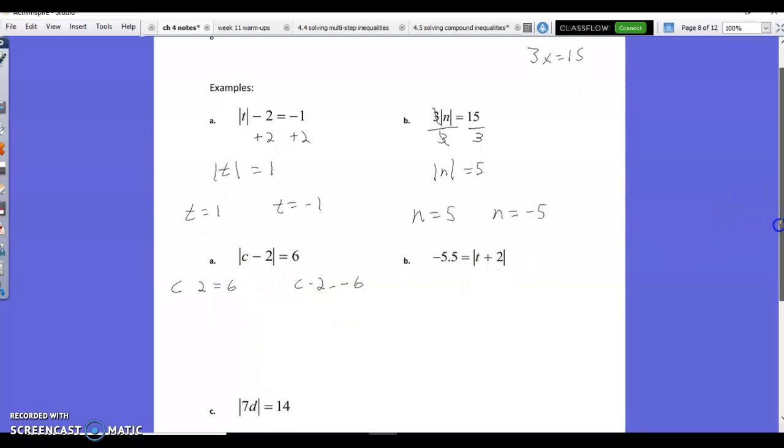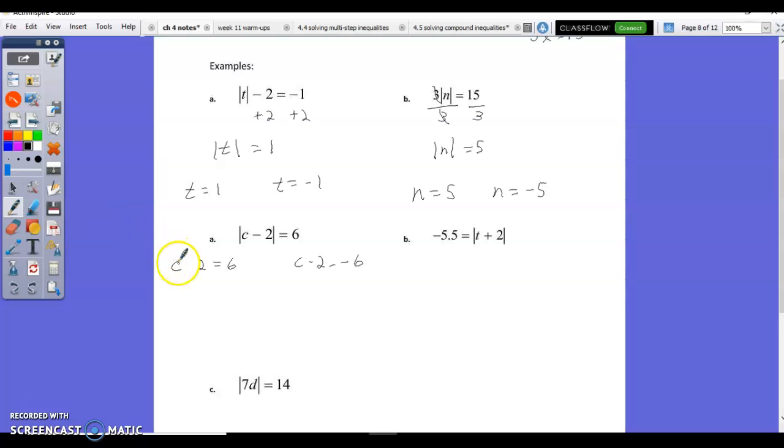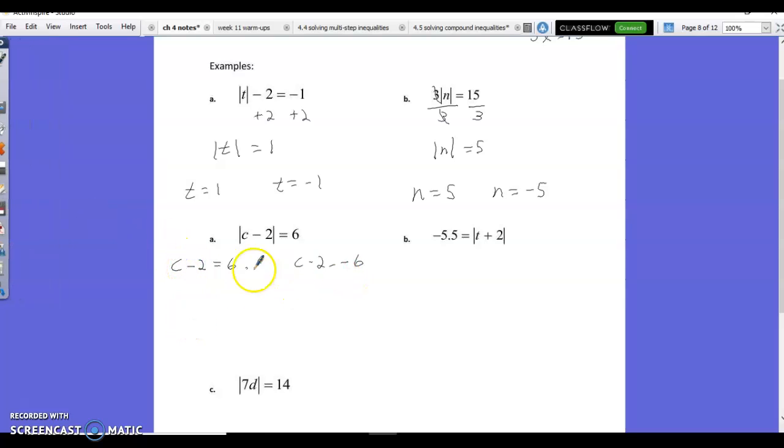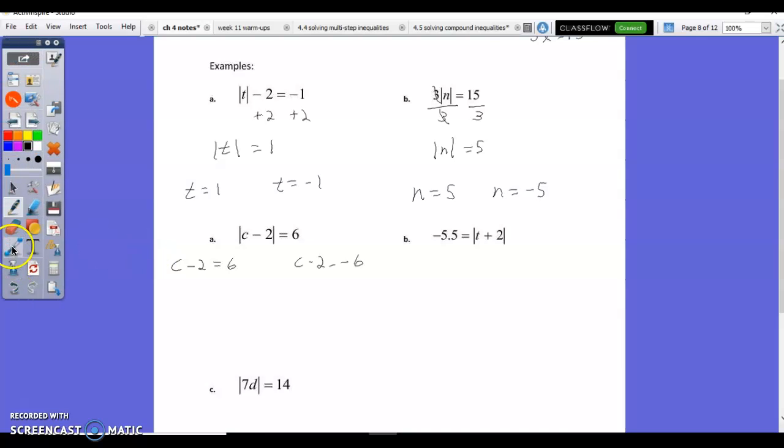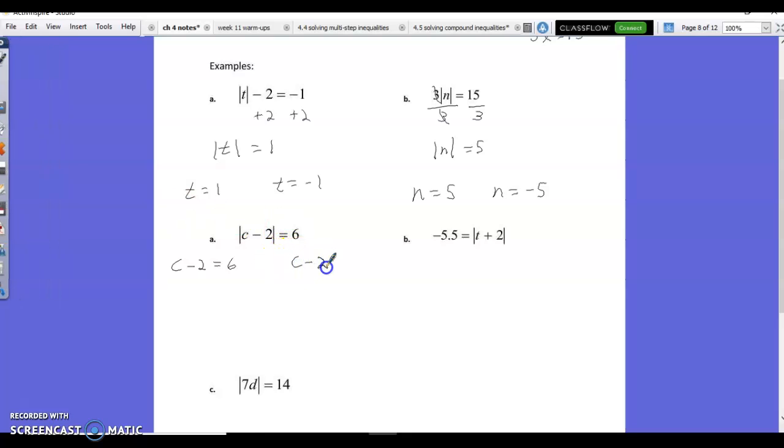All right, so now we just solve for this. Let me rewrite this. It's getting a little glitchy on me. I apologize. So c minus 2 equals -6. Okay, so I would add 2 to both sides to undo this.